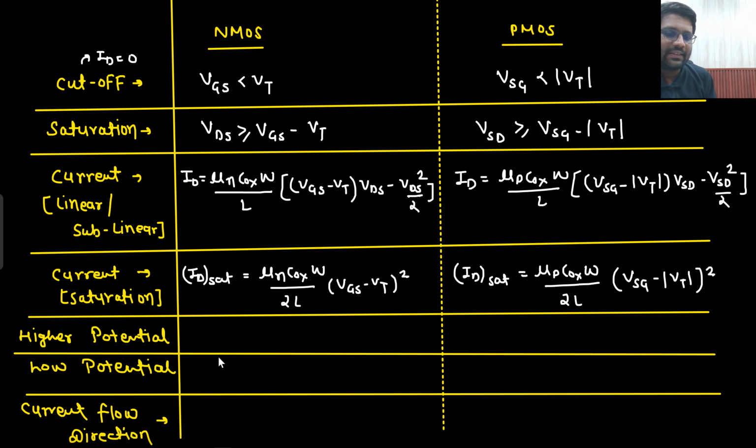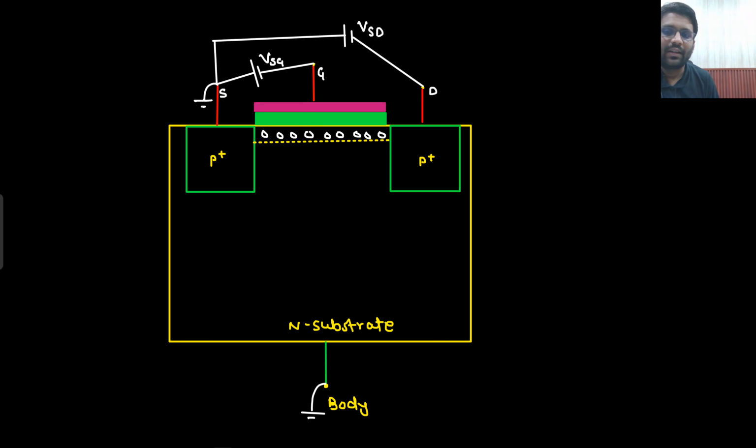Here which guy was at the higher potential? Drain was at the higher potential, right? And here source was at the higher potential, right? Drain was positive here. Here source was 0, drain was negative. So source was at the higher potential. Who was at the low potential? Source was at the low potential here, and here drain was at the low potential. Here what is the direction of current flow? Here you can see in NMOS, let's see the direction of current flow.